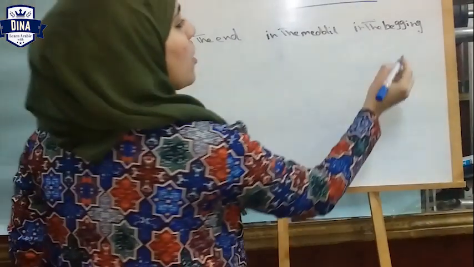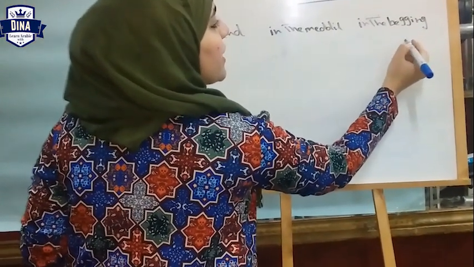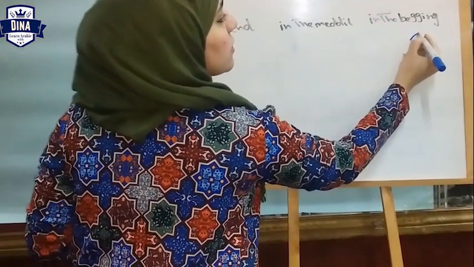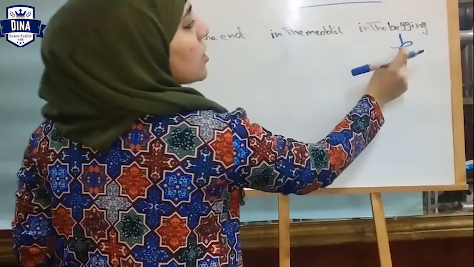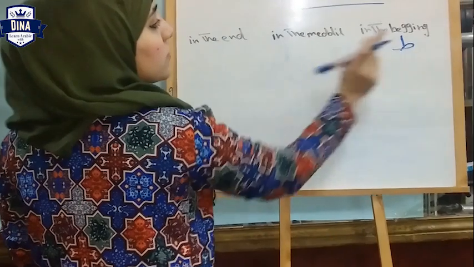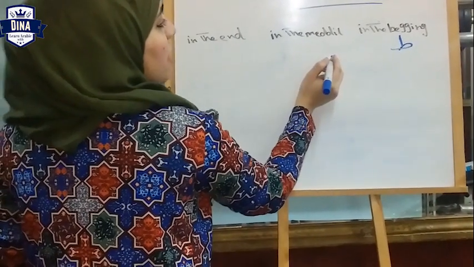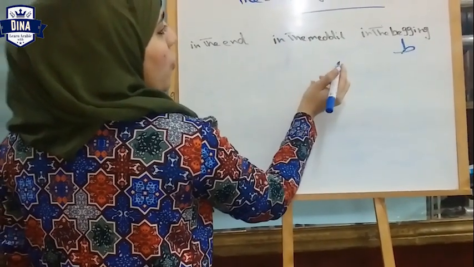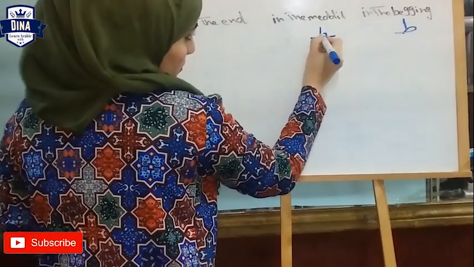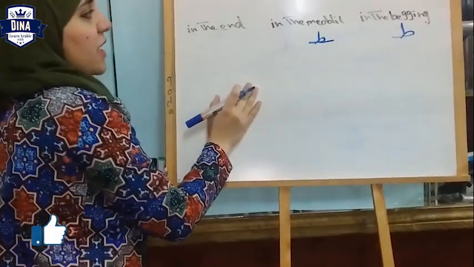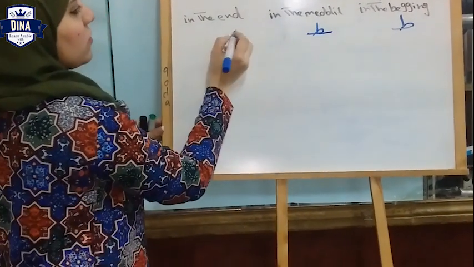This is the shape of Ta when it's coming in the beginning of word. Ta has one stick on the top. When it's coming in the middle of word. When it's coming in the end of word.